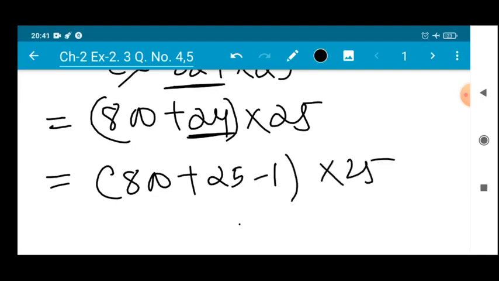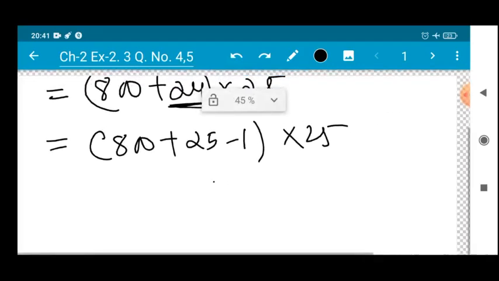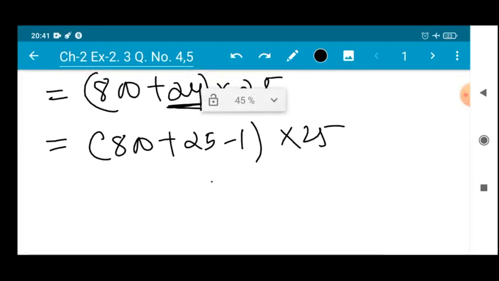I could have done direct multiplication and got the answer, but I am breaking 24 into 25 minus 1 so you will understand we can do it in such form also. In maths you have a variety of ways of getting the answer, you just need to understand what you are doing.